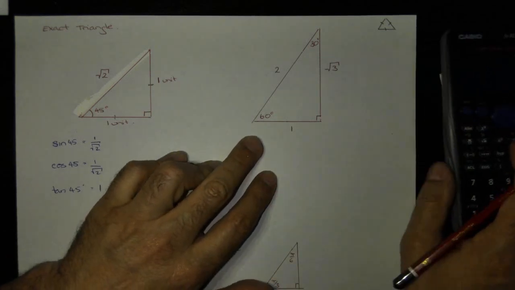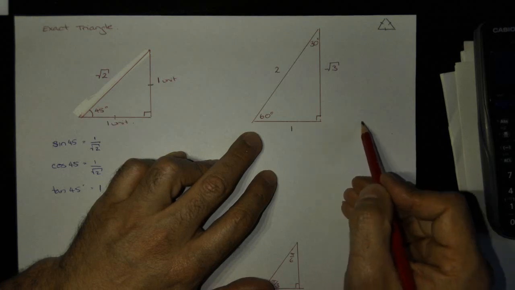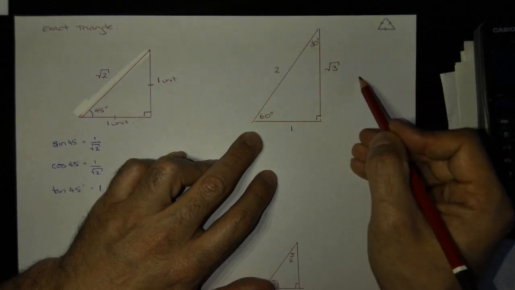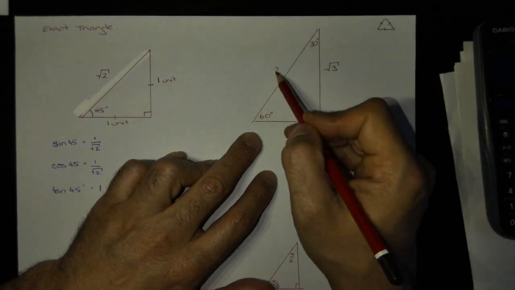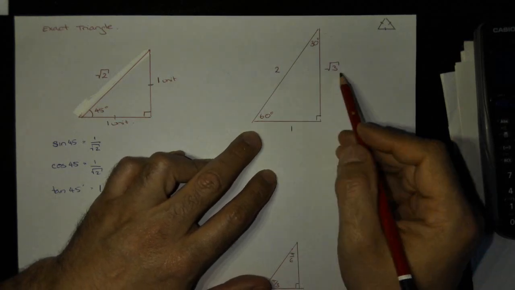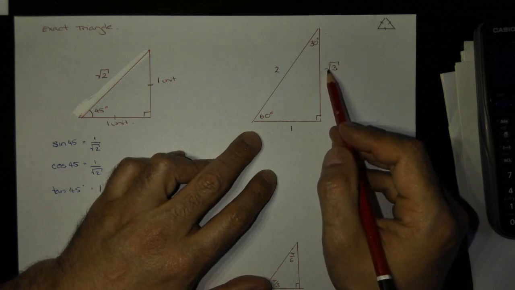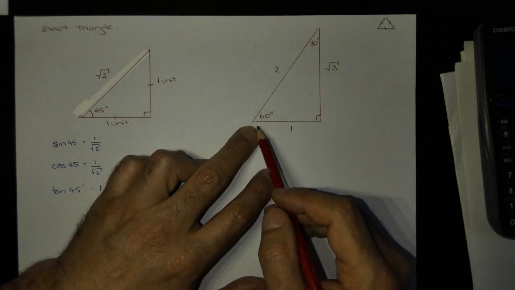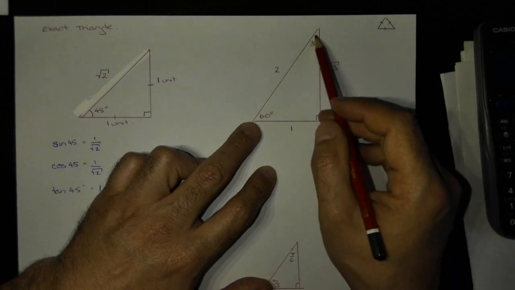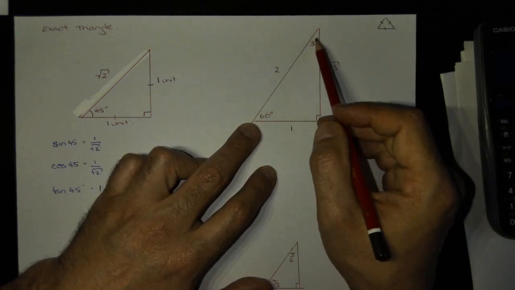The other triangle comes from an equilateral triangle worth 2 units per side. So if that was worth 2 units, half of it would be 1. This would be square root of 3 using Pythagoras' theorem. And we get 60 degrees, because equilateral triangles all have 60-degree angles. Half of 60 is 30.